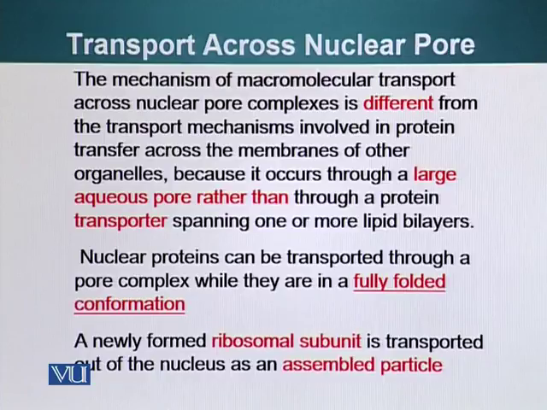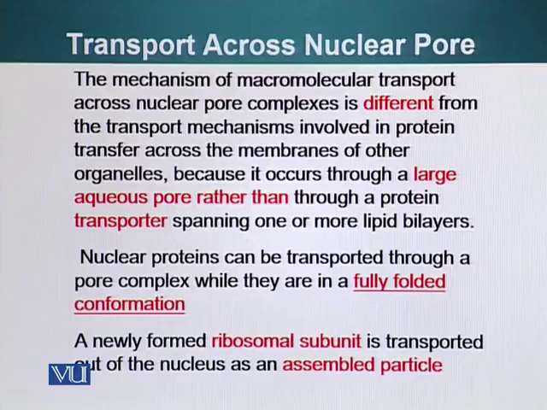Because of this aqueous channel, fully folded proteins can get into the nucleus.